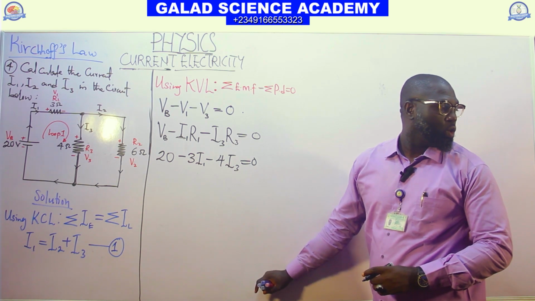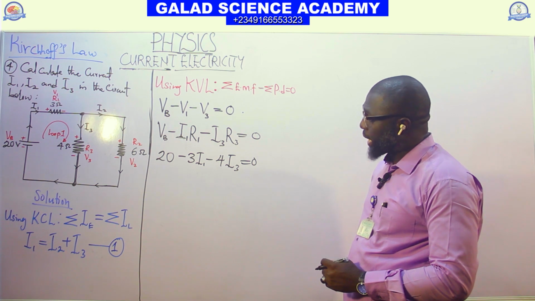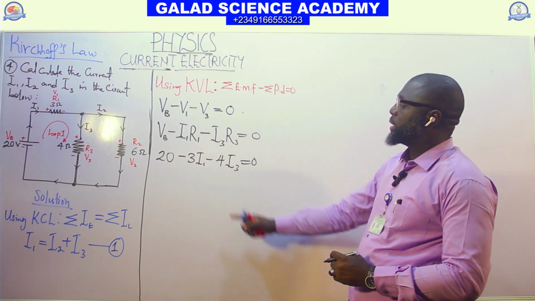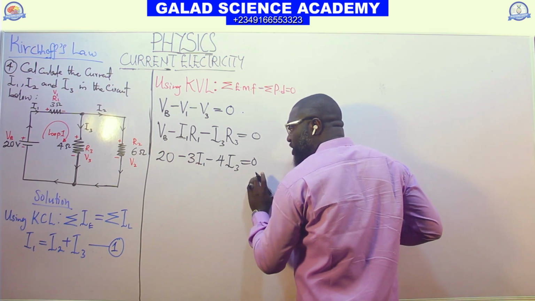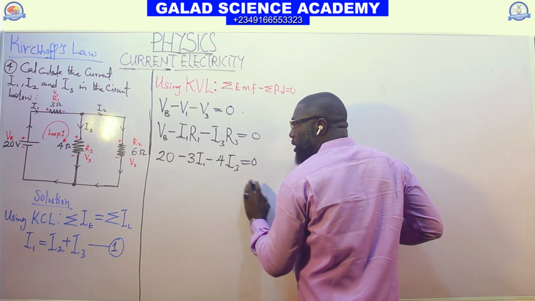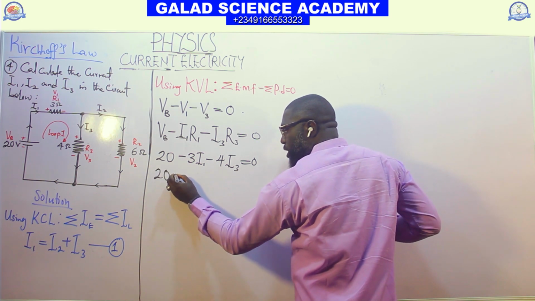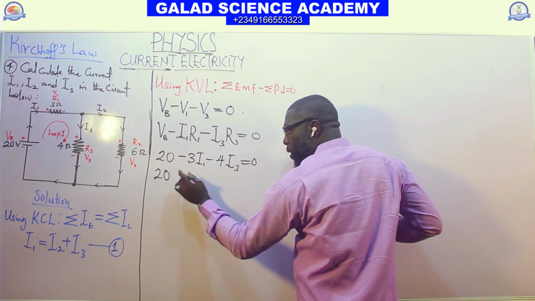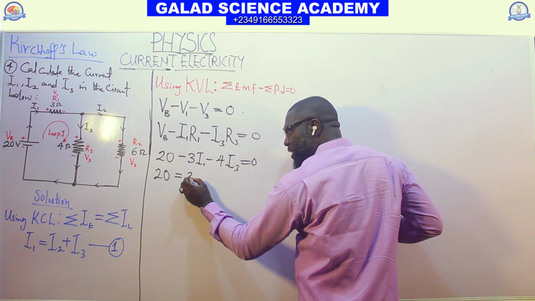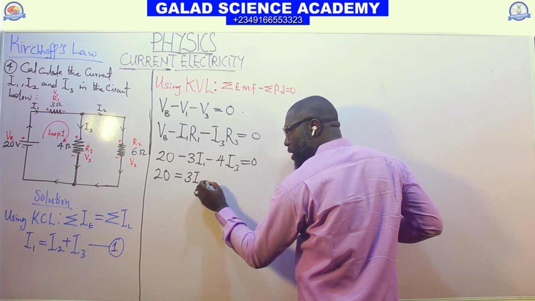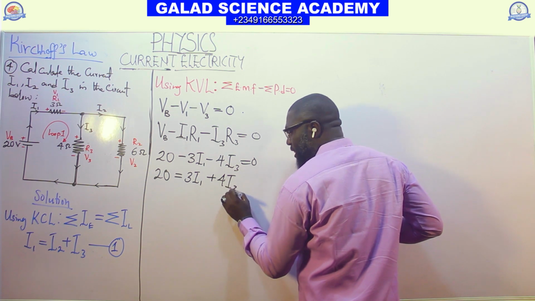Good. So what can we do here now? We can rearrange this formula in this form. You can have 20 equal to, taking this to this side, 3I1 plus 4I3.